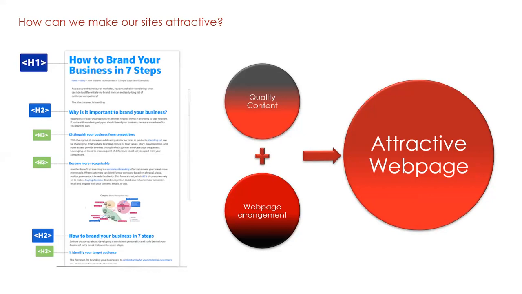First of all, you need to look at the content you send out. It has to be quality content. And the web page arrangement is also something because it enables the web crawlers to go through each phase of the body of the web page, the header and everything. These things combined together, the quality content and web page arrangement, give birth to an attractive web page.